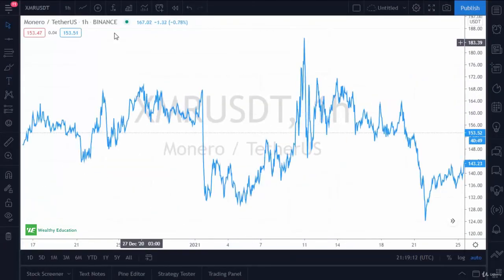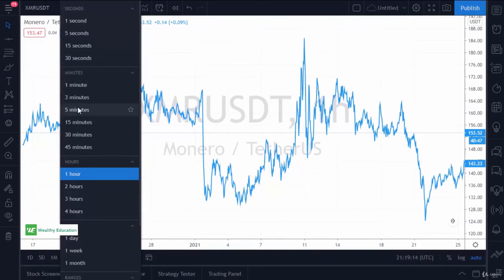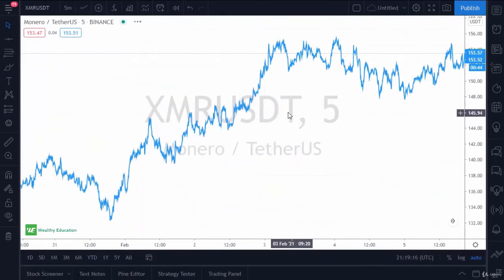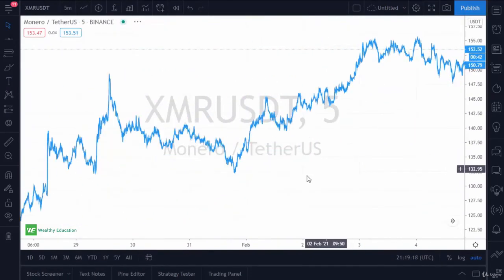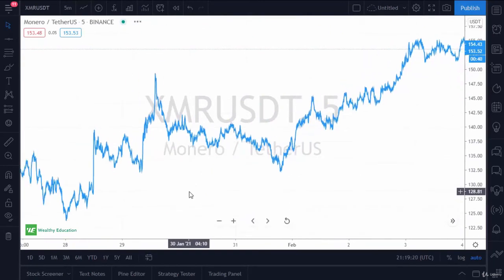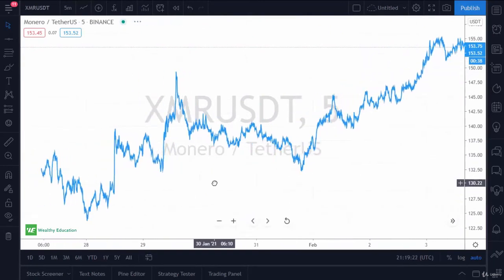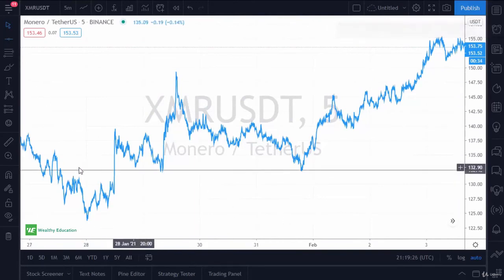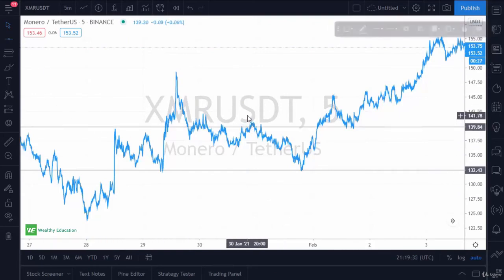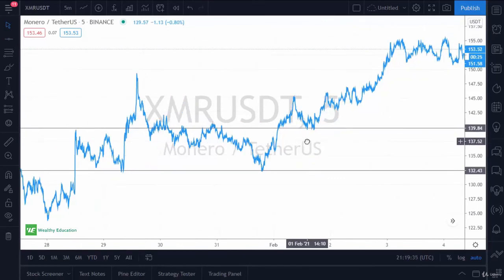So, like I've got Monero here, and let's go down to the 5-minute chart. Again, these don't mean as much on the 5-minute chart. They are a little bit more easily broken. But let's go ahead and take a look. That support showed up again. That's support and resistance in this area.